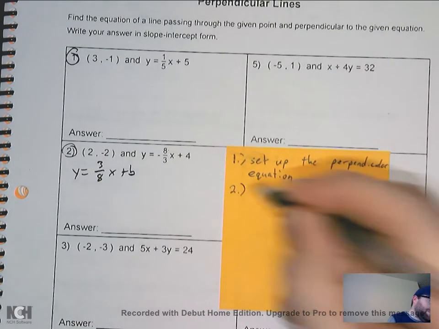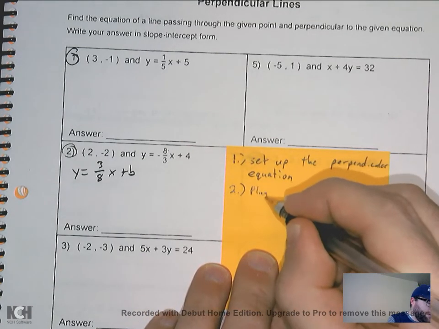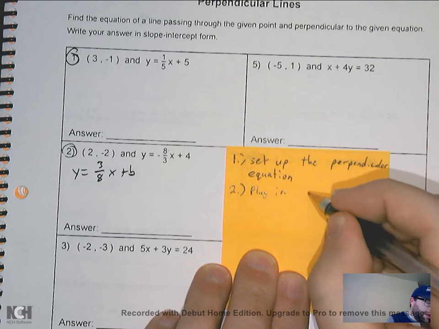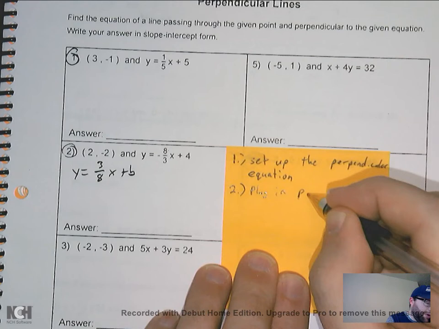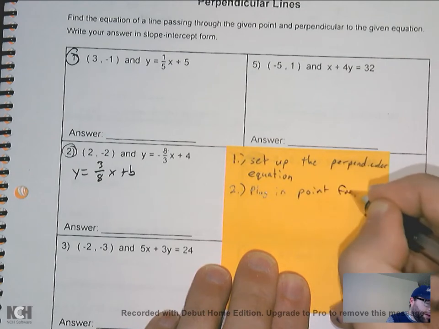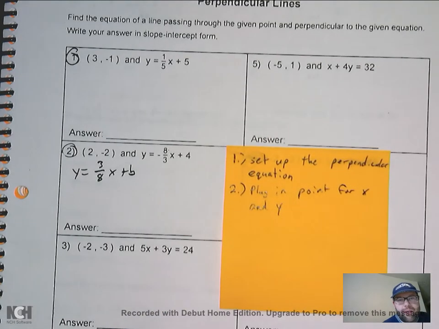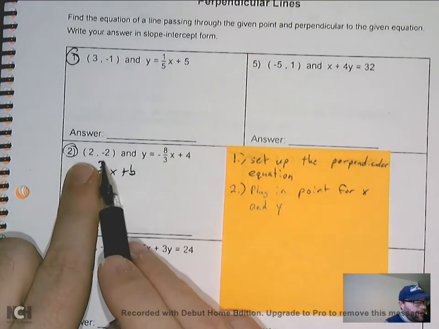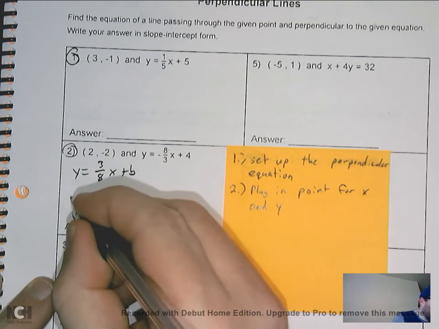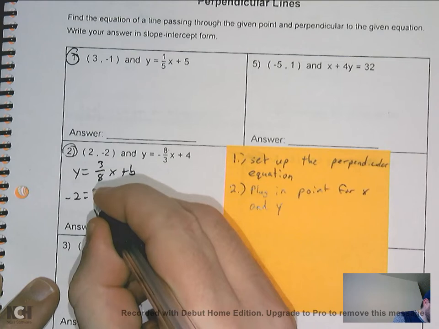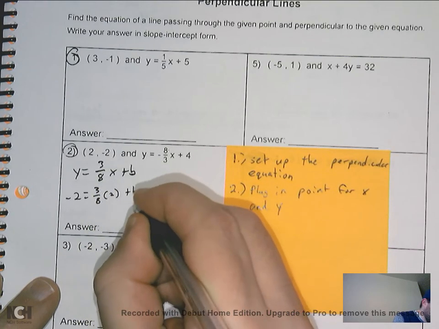Next step, if I had done this correctly the first time, would be to plug in the point for x and y. Okay? So we're going to take our x coordinate, which is 2, replace the x, take the y coordinate, replace the y. So I'm going to get -2 is equal to 3 over 8 times 2 plus b.